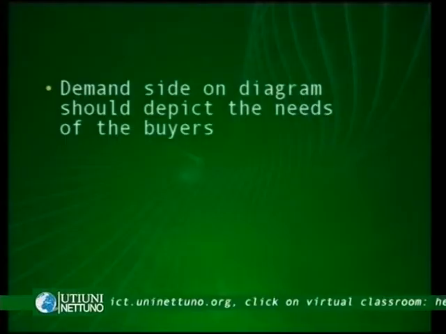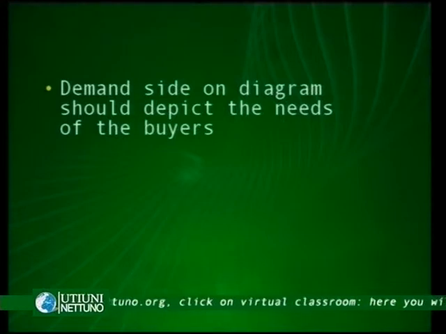And then on the other side, there is the demand side where the needs of buyers are very clearly indicated. The demand side on this diagram should depict the needs of the buyers, which we have just alluded to.